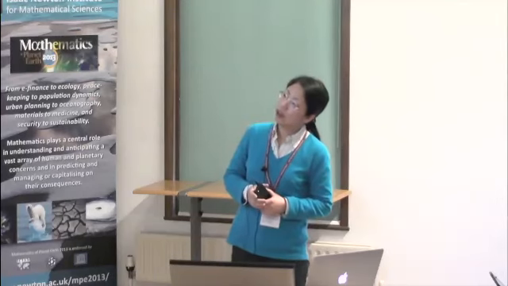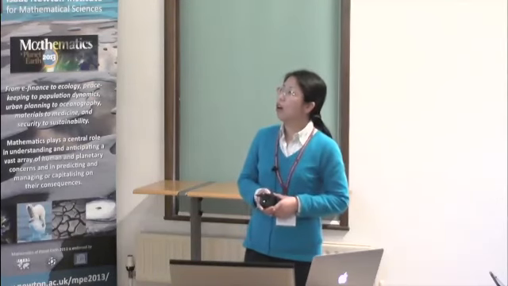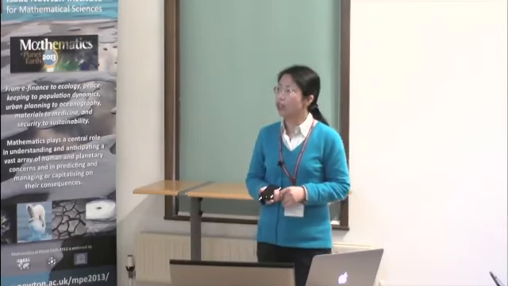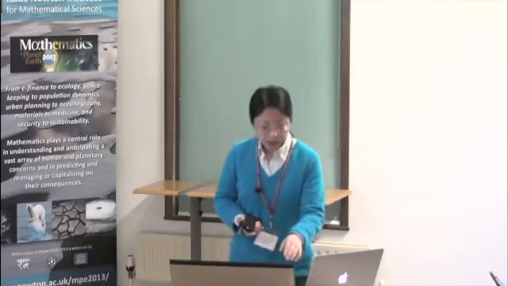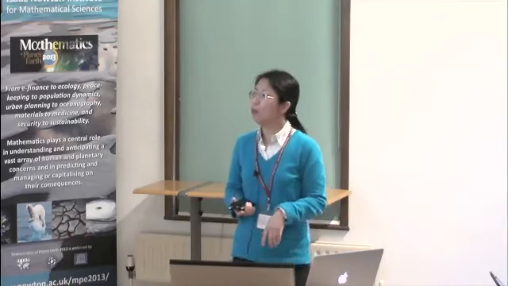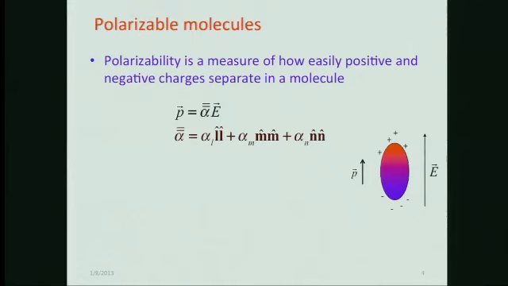So first, let's define the polarizability as a measure of how easily the positive and negative charges separate in the molecule. It is defined to be the ratio between the induced dipole moment and the external electric field. If the particle is spherical-like, then alpha is a scalar multiplied by the isotropic tensor, and the scalar increases with the molecular volume.